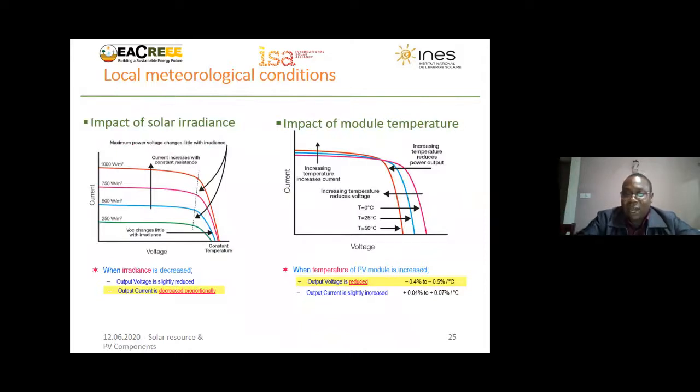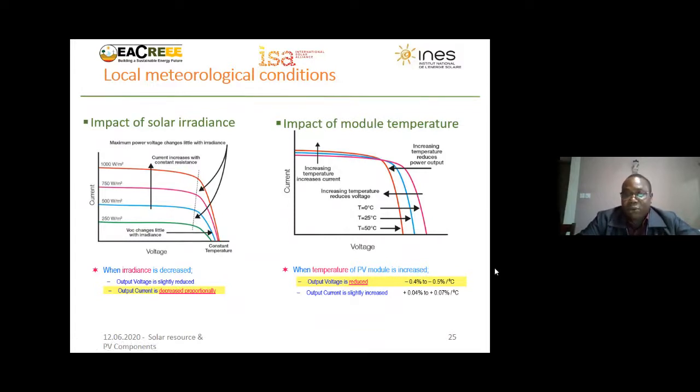So the short circuit current goes high, and therefore also the charging current that can be available from that module. On the voltage, there is a slight reduction in voltage output when the temperature of a PV module increases, and generally there's a decrease in the power output of a solar PV.